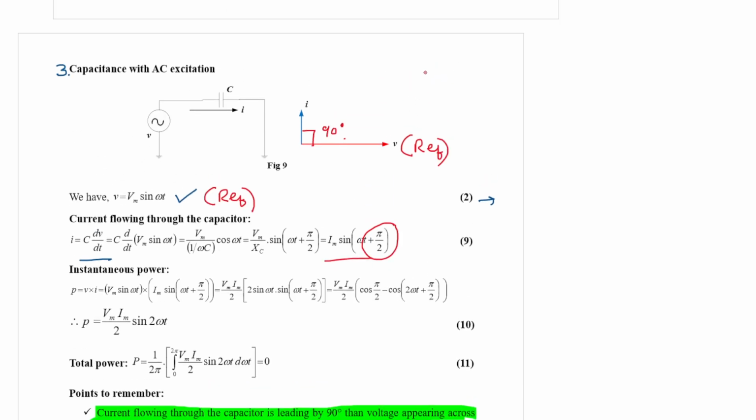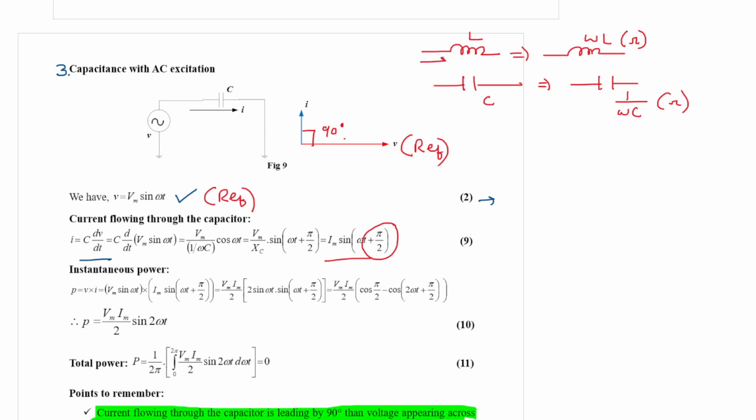If it is an inductor, it will provide a reactance of XL, that is omega L. It is the reactance, equivalent of resistance, you can say, in AC circuit. However, if it is a capacitance, it will provide a reactance of 1 by omega C. This will also have a unit ohm.